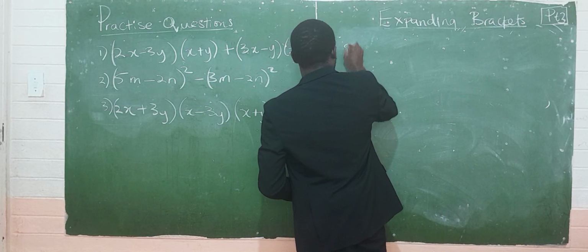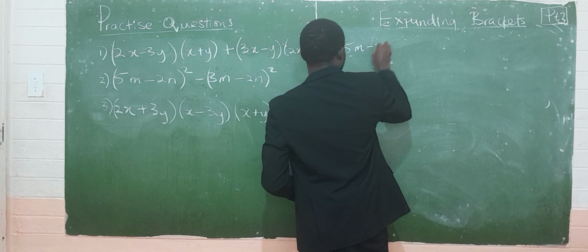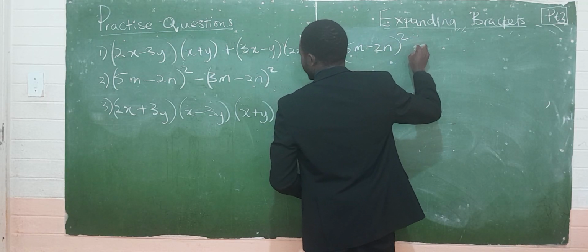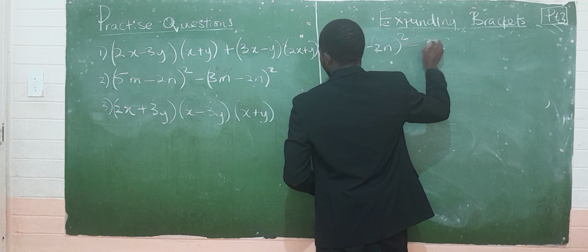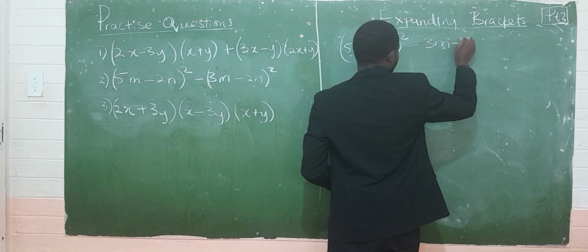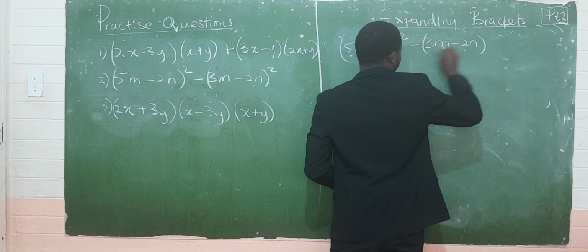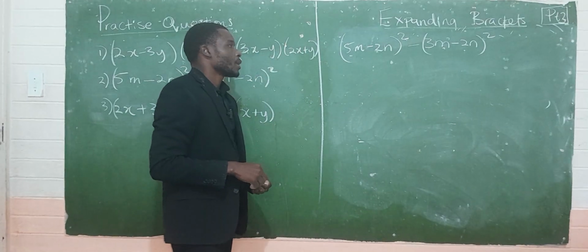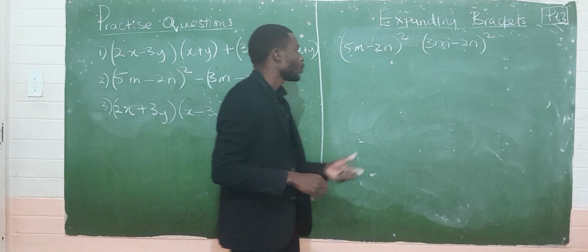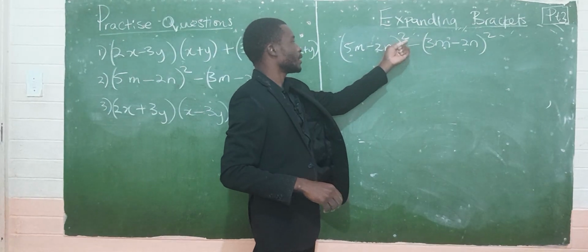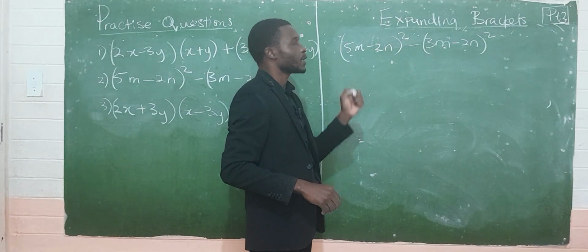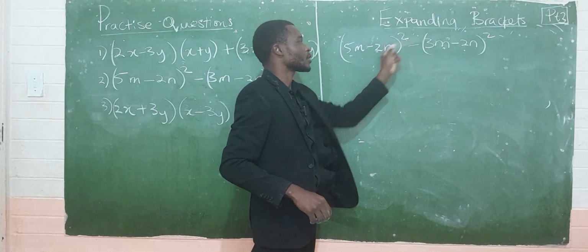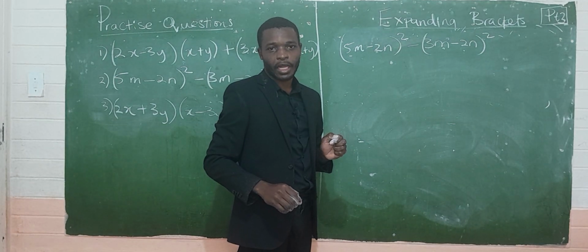We have 5m minus 2n, of course squared, minus 3m minus 2n, of course squared. Remember from the previous video, we have learned that this squared does not mean just squaring the 5m and squaring the negative 2n.